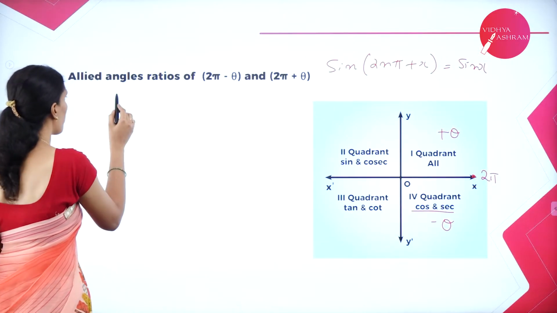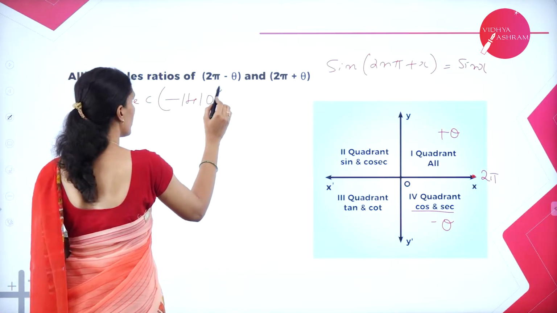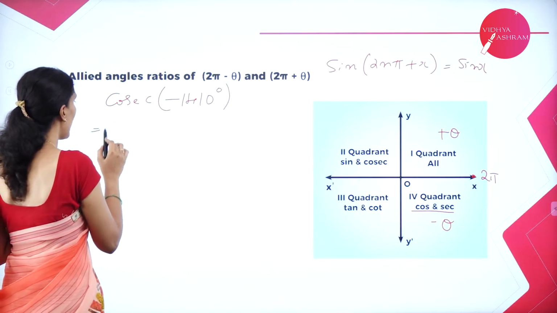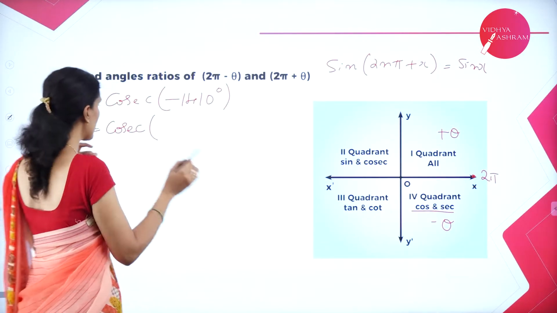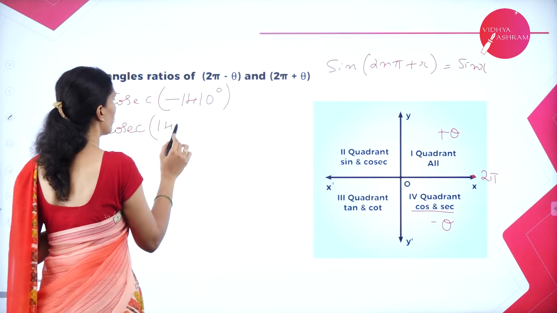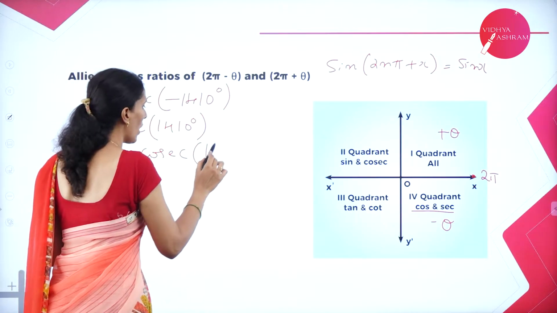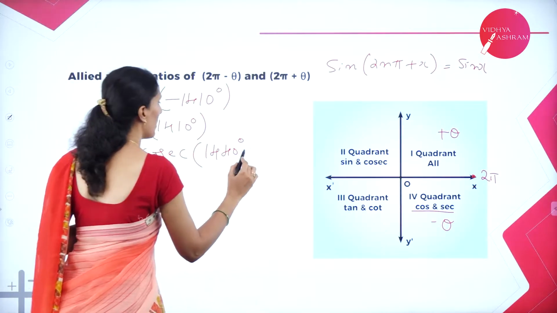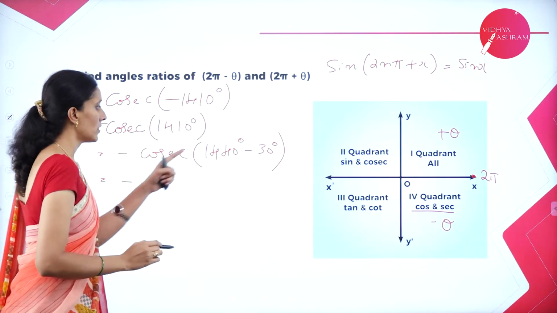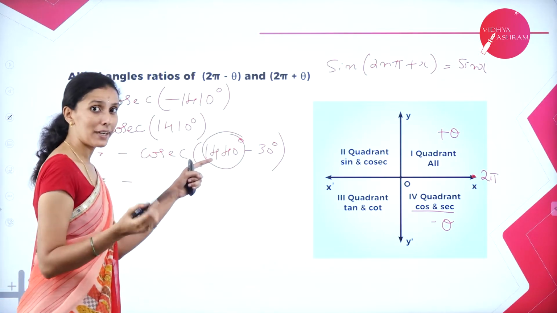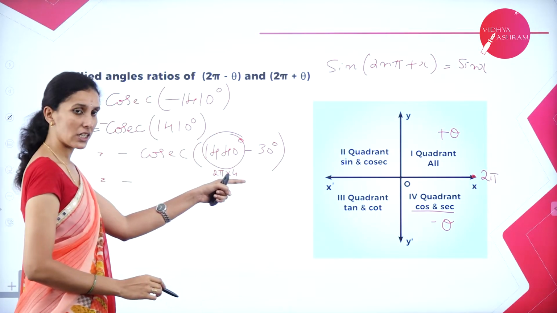So we have taken one problem, that is cosecant of minus 1410 degrees. This can be written as, we know that cosecant of minus x is minus cosecant x, so minus cosecant 1410 degrees. This is actually minus cosecant of 1440 degrees minus 30 degrees. So 1410 is nothing but a multiple of 2 pi, 4 times, which is 360 into 4.